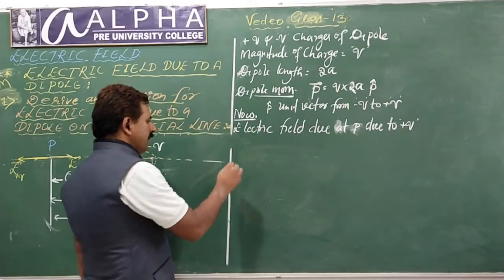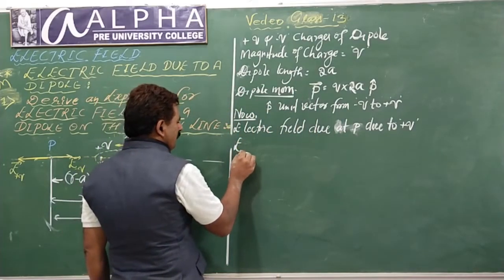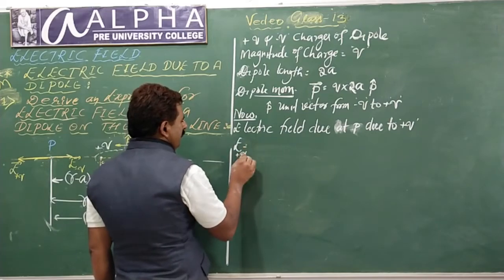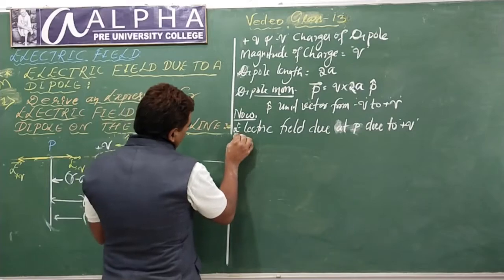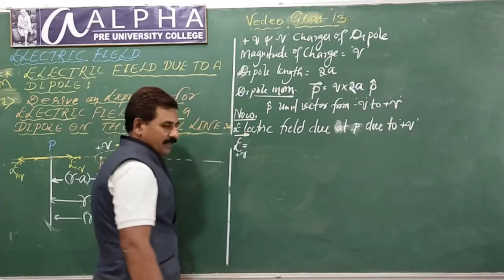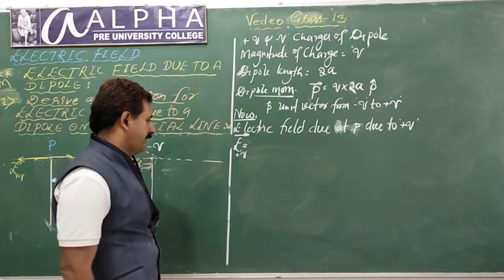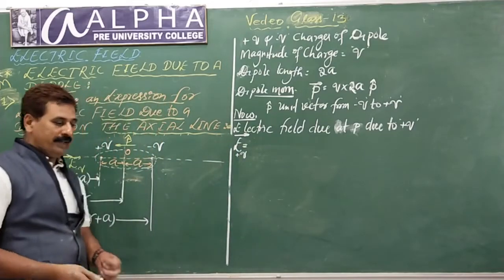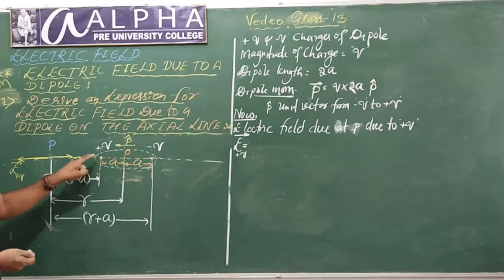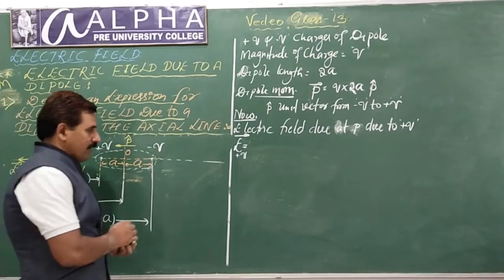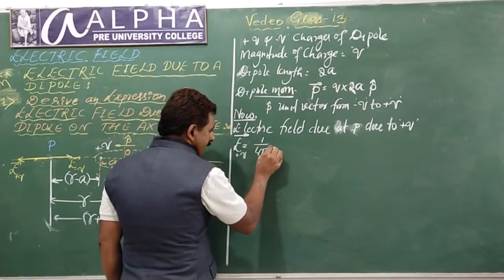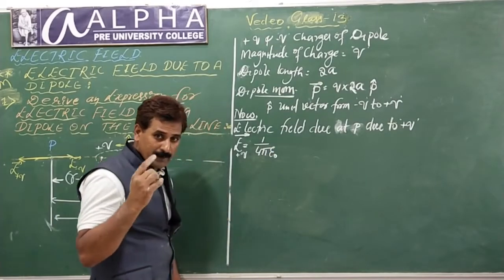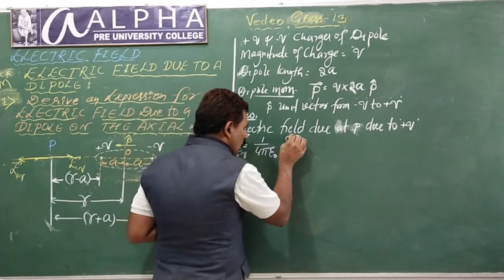What is that? That is E plus Q, meaning field due to plus Q. Along with directions we write, because we are going to add vectorially. Plus Q is here, you are finding electric field here. What is the relation for electric field? 1 over 4 pi epsilon 0, Q, which Q?